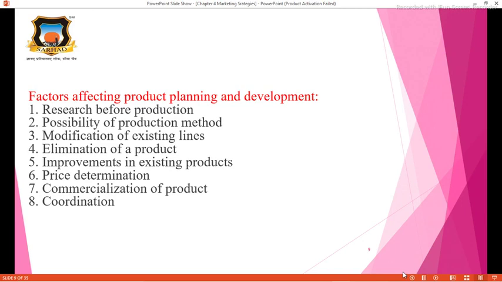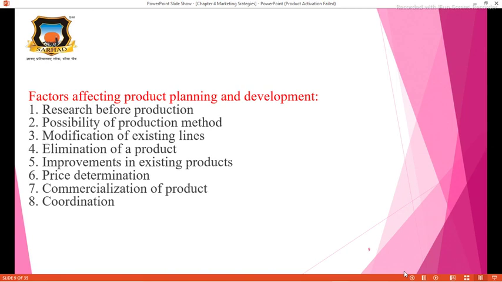The company should know what kind of product, carrying what kind of characteristics, qualities and features, and satisfying which particular needs of customers, should be produced.